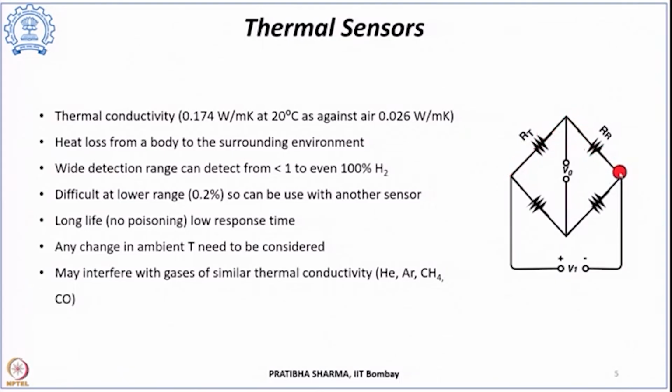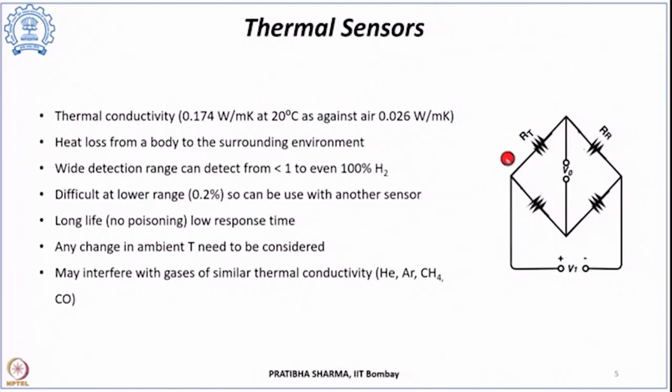So, here in the reference cell, air is there. When there is no hydrogen, both these resistors are exposed to air. As such, the heat dissipation by both the resistances is same, or there is no difference in the heat dissipation. So, as such the Wheatstone bridge is balanced here.